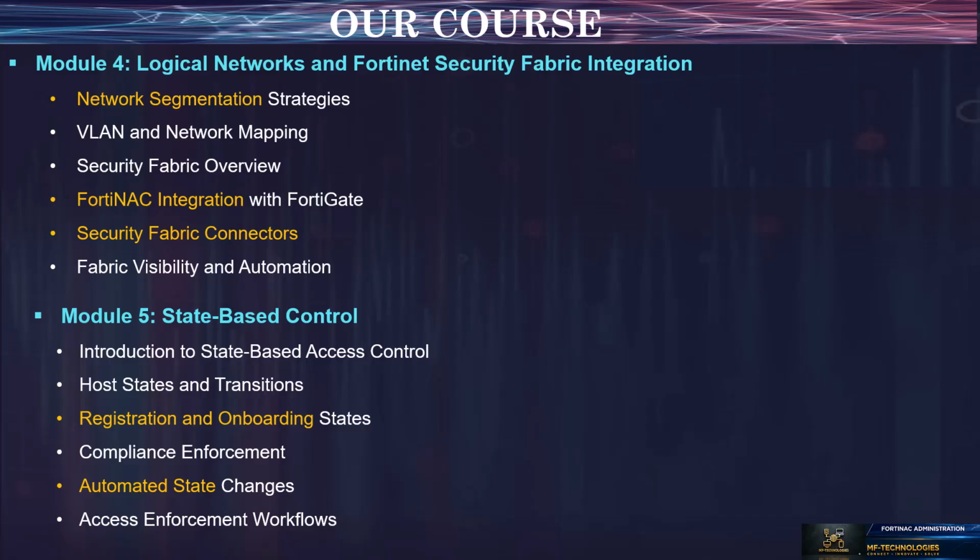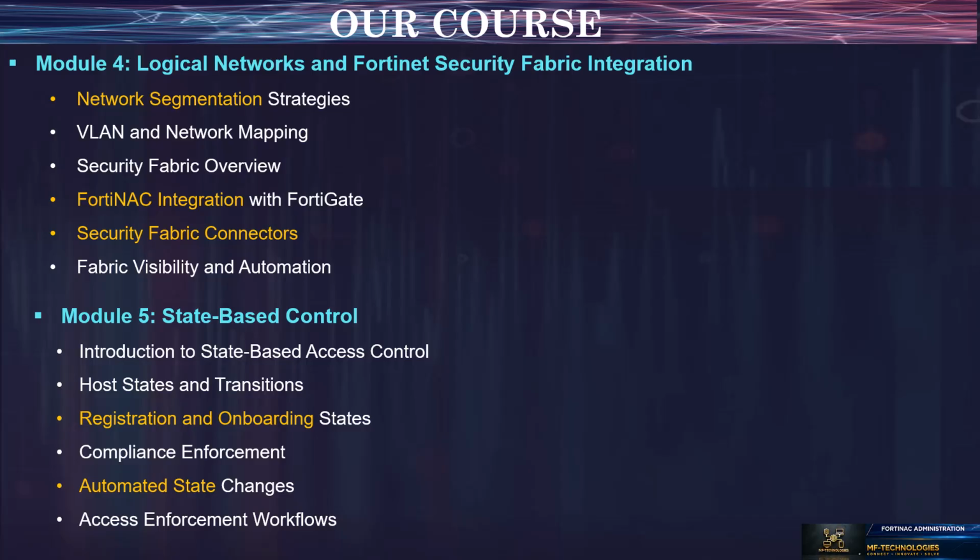We will learn how VLANs are mapped, how network segmentation improves security, and how logical networks make administration much more efficient. This module also introduces the Fortinet Security Fabric and explains how Fortinet integrates with the FortiGate firewall and other Fortinet products to exchange information and automate security actions.